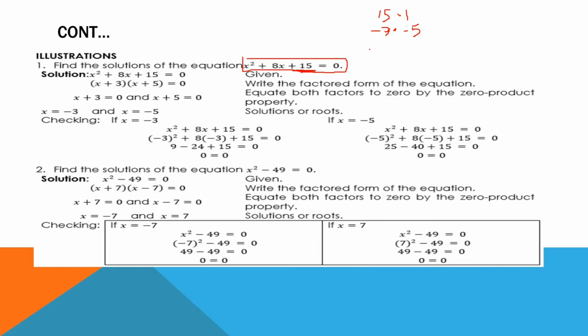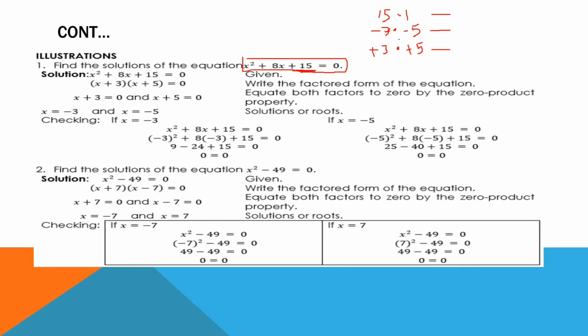Then another factor is positive 3 times positive 5. So positive 3 times positive 5 is equal to 15. So how are we going to know ano dito yung factor na kukunin natin? So lahat yan equal to 15.